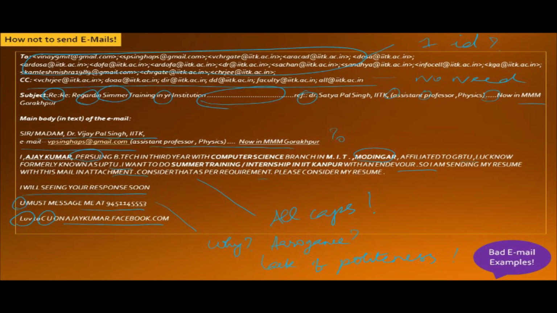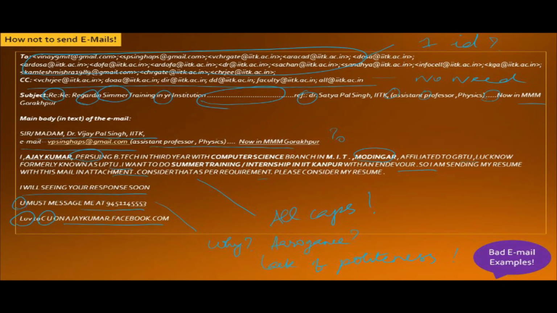"Training in your institution", the short form, which is again wrong in a formal one, and unnecessary dots. Reference or capital is not there. "Doctor" is written without using capital letters. Then again "assistant professor", no capital letters, and then dots unnecessarily used. And then if you look at the main body, he says he knows some Satyapal Singh, but then here somebody by the name Vijay Pal Singh is referred to.